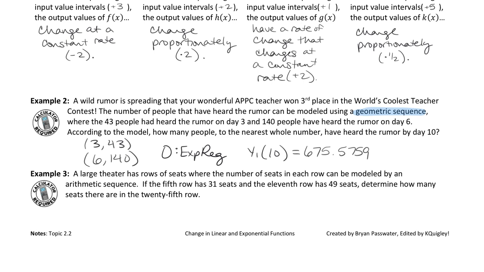Sequences, specifically ones that are talking about people. Should we be answering with decimals when we're talking about people? Nah, let's round to a whole number. So this would be 676 people.